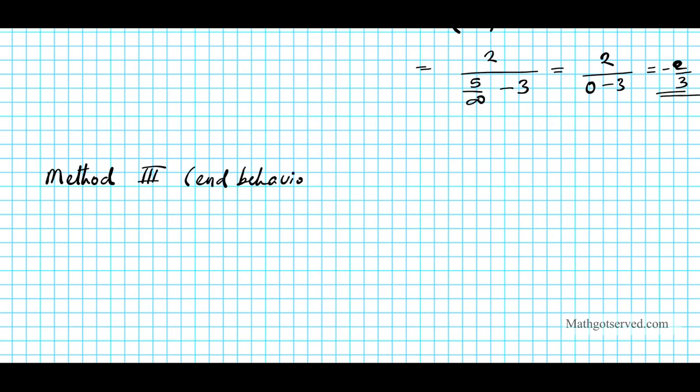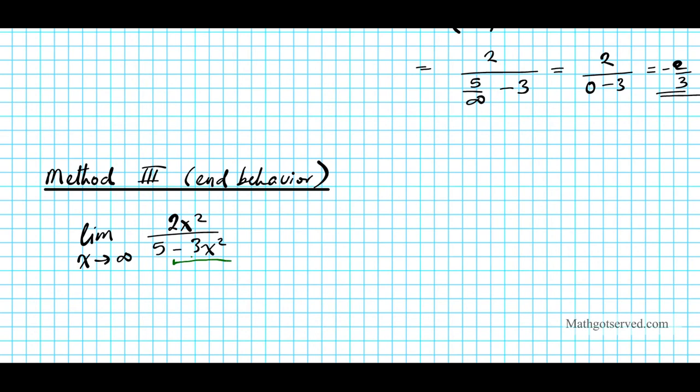That just means we're going to reduce our problem to the two terms with the biggest exponents from the numerator and the denominator. So the question is the limit as x approaches infinity of 2x squared over 5 minus 3x squared. The term with the biggest degree in the denominator is negative 3x squared, and we take it with its sign, and on the numerator it is 2x squared. So that's what the end behavior model is.